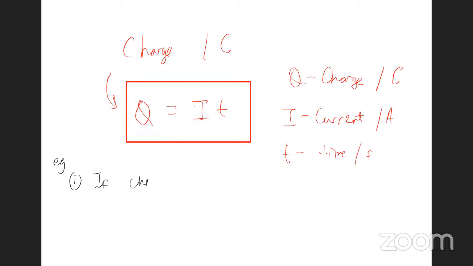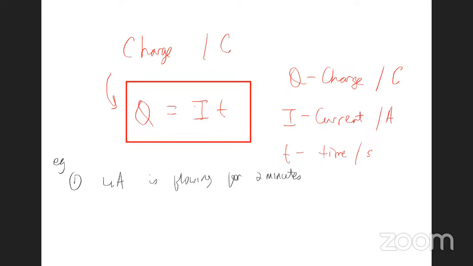Find the charge on a particle if a current of 4 amperes is flowing for 2 minutes.